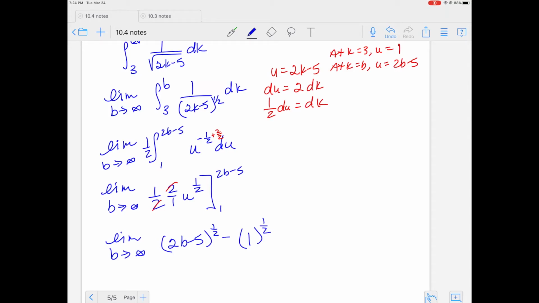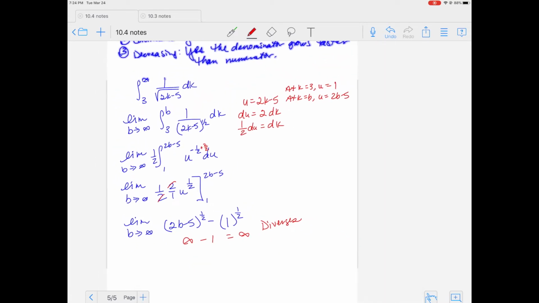What's happening here? Yeah, that goes to infinity. The first one does, doesn't it? So this is now infinity minus 1, which we still know to be infinity, and my integral diverges.